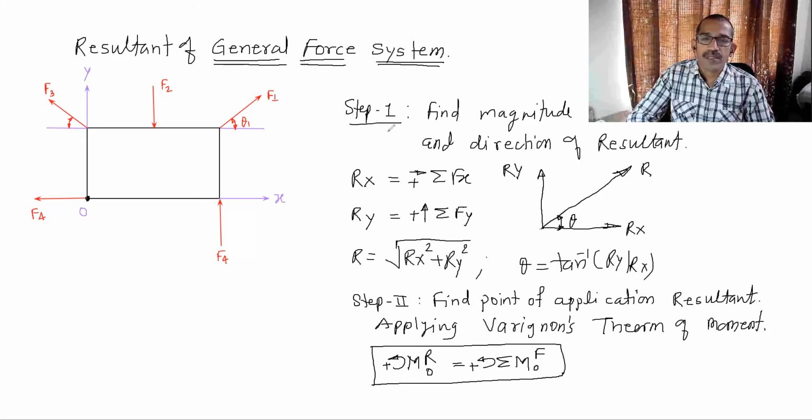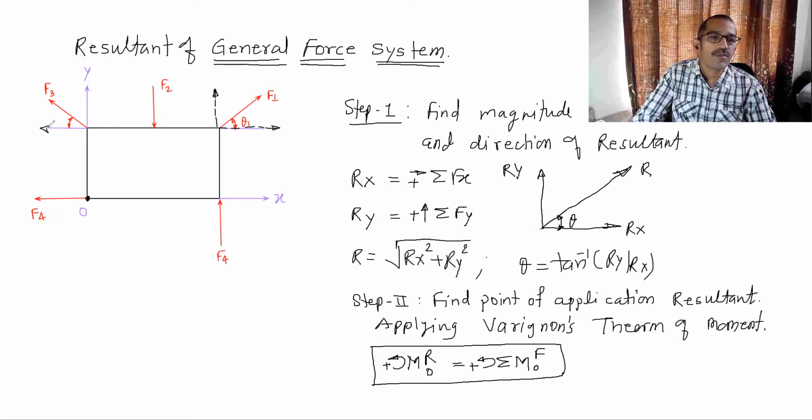In step number one, to find Rx and Ry, you have to resolve the forces. If we resolve F1, the components are F1 cos theta 1 and F1 sin theta 1.